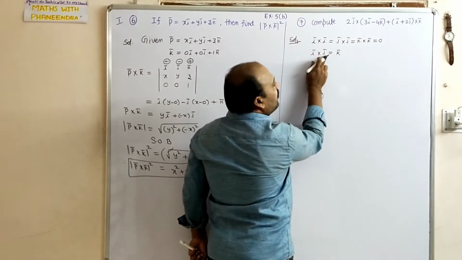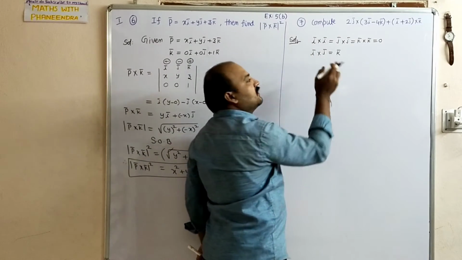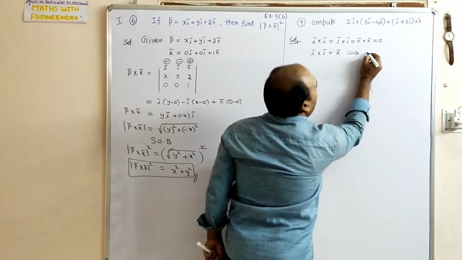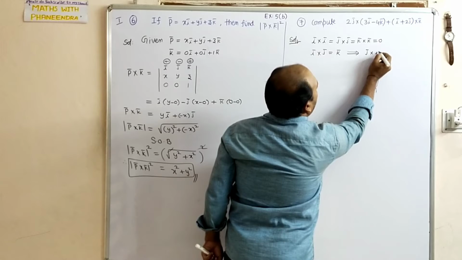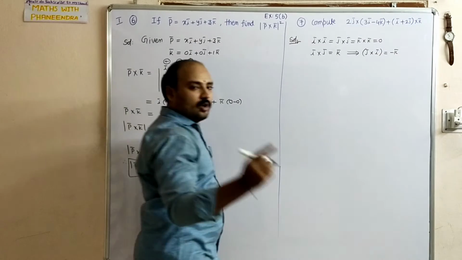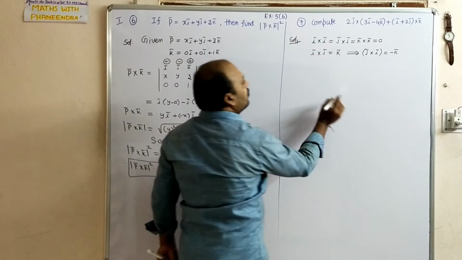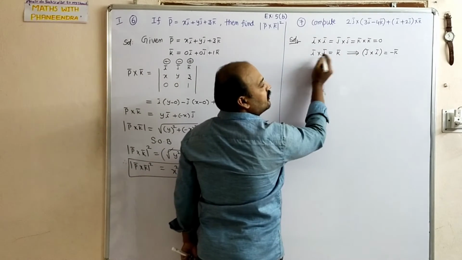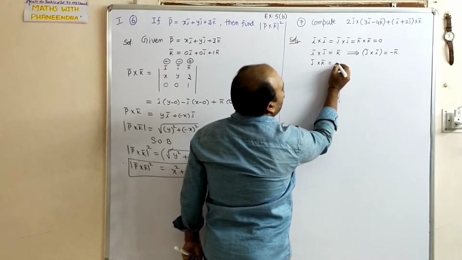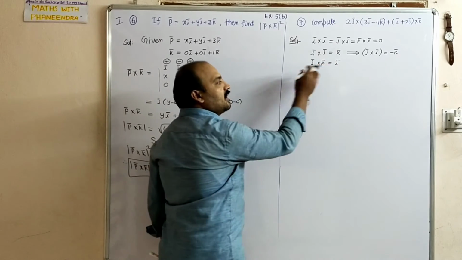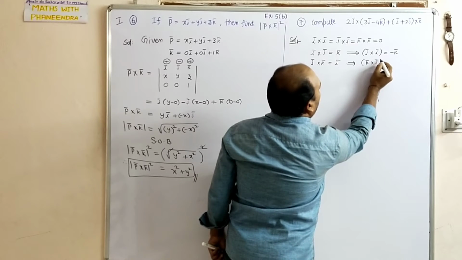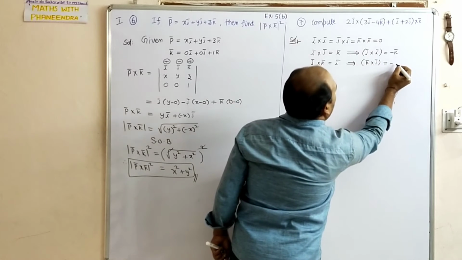Suppose if these two are interchanged, the order will be changed. If it is j bar cross i bar, this value is equal to minus k bar, you remember that. Next, i j k is in order now, so j bar cross k bar should be equal to i bar. Even j k i is also in order. If it is k bar cross j bar, that is equal to minus i bar.